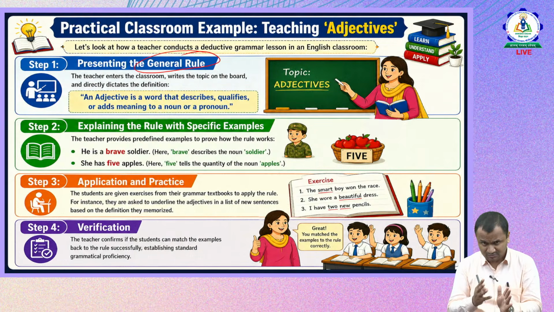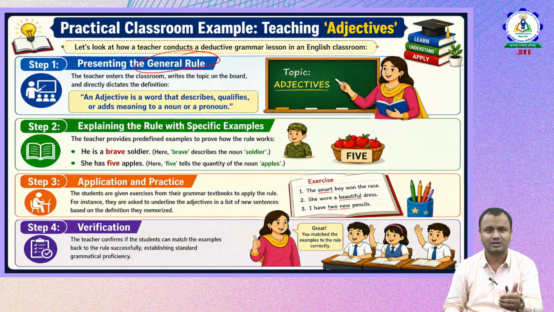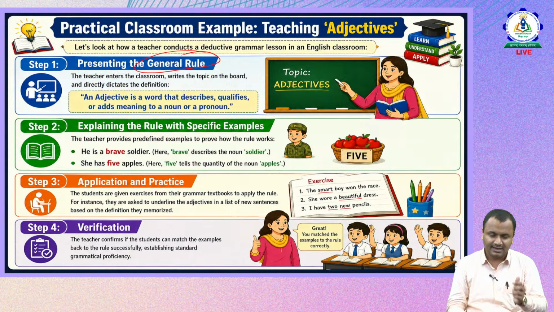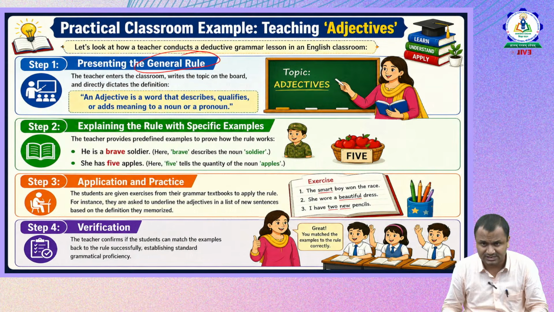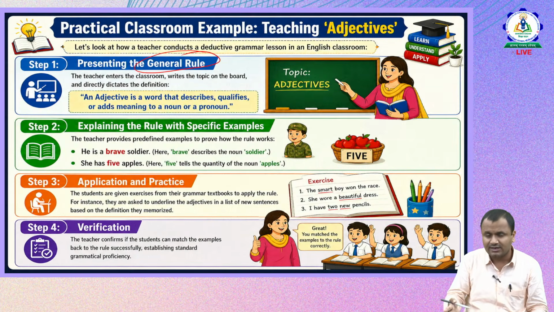So we take help of examples just to explain the concept that we have already written on the board and that we have already asked the student to copy. Explain the rule with the specific examples and then ask the student to please practice it, apply it, and as a homework please do it, and the next day please come again. This is how we'll teach adjectives through the deductive method.